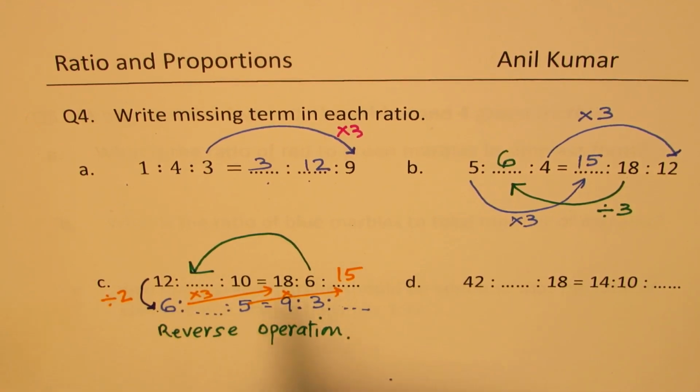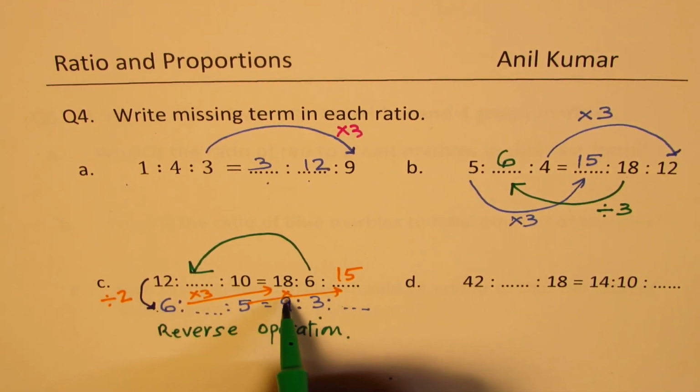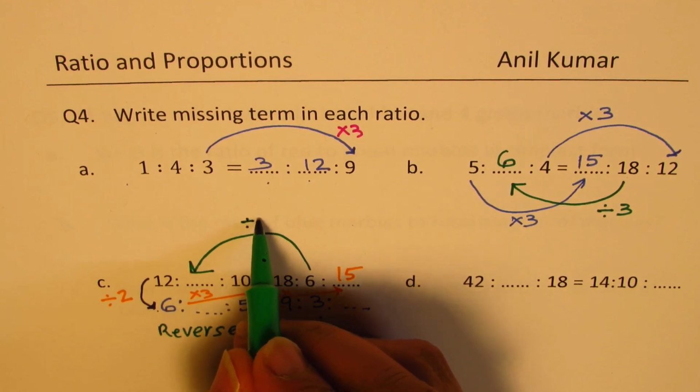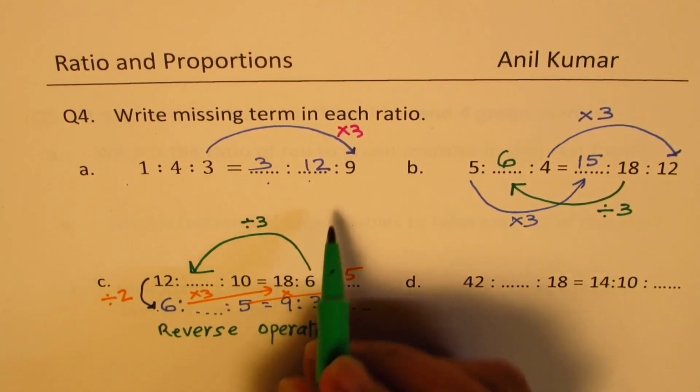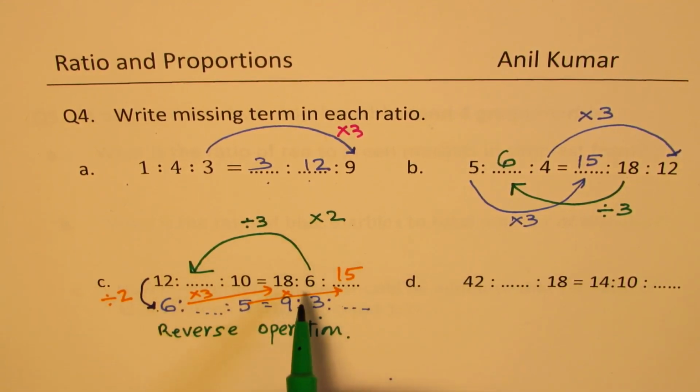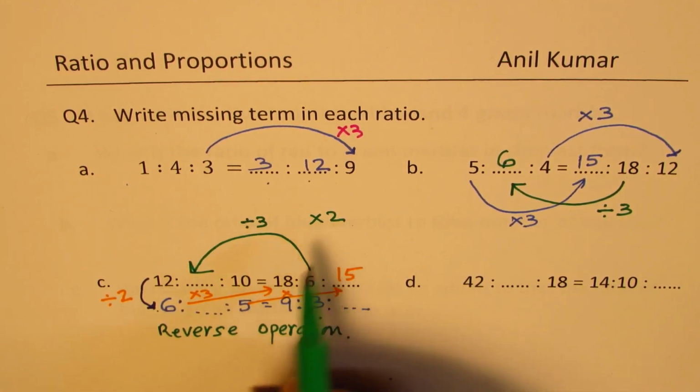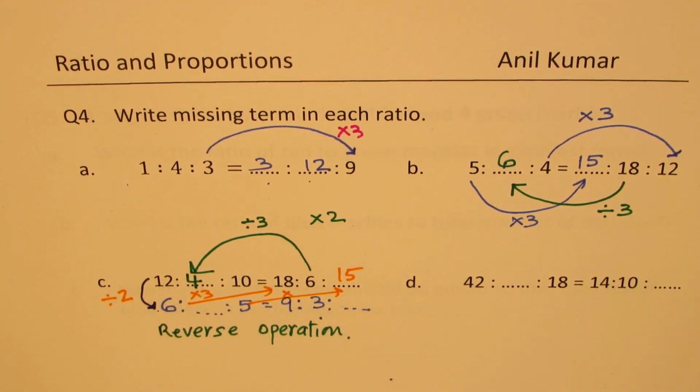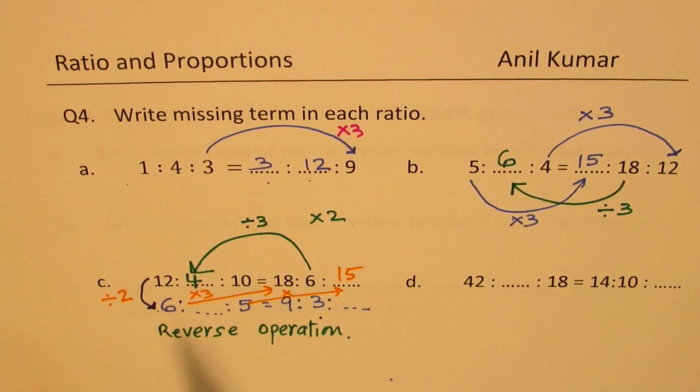So what we should do, we have to divide by 3 and then times 2. Do you see that? So first we'll divide by 3. So when you divide 6 by 3, you get 2, and 2 times 2 is 4, and you get 4 here. Does it make sense to you? That is how you could actually do it. So it is kind of tricky, as you can see. From 12 to 18, we divided 12 by 2 multiplied by 3.